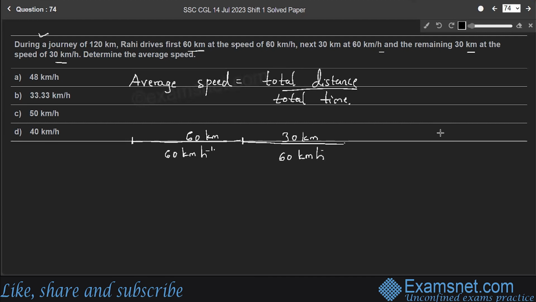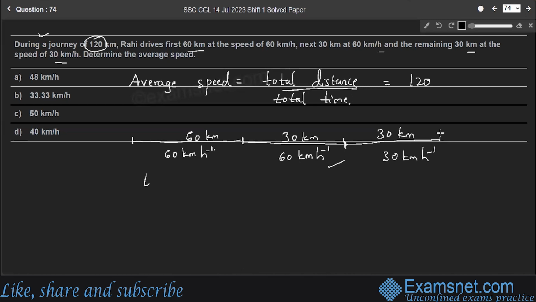With the same speed, Rahi covers 30 km distance. In the last part of the journey, in the remaining 30 km, Rahi drives with the speed of 30 km per hour. Half the speed, right? So determine the average speed. Here the total distance is already known. During the journey of 120 km, the total distance is 120 km. So what is the total time taken?